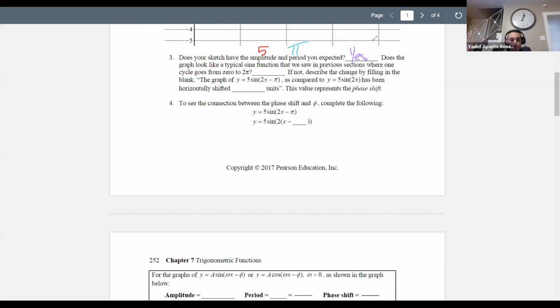Mm-hmm. So this one would be a no. Why? Because we have a period of pi, not 2 pi. Okay. So we had a horizontal shift of pi units. Okay, go ahead and make sure you write all that down.